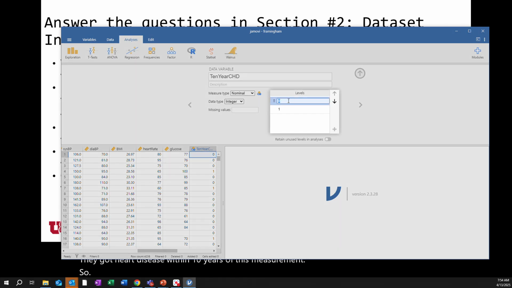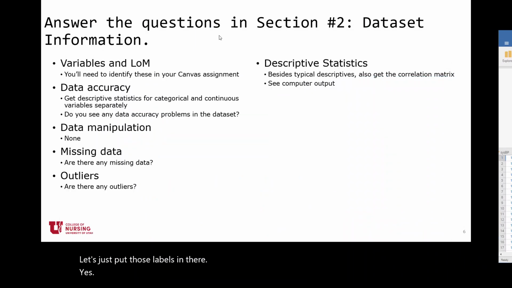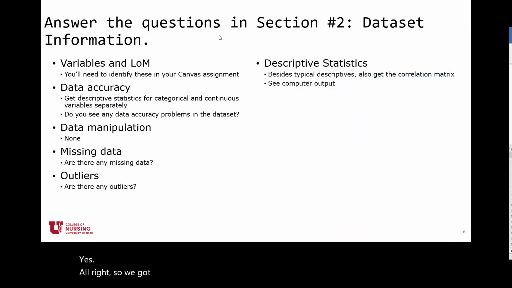Let's just put those labels in there. No. Yes. All right, so we got variables and levels of measurement added to our Jamovi.